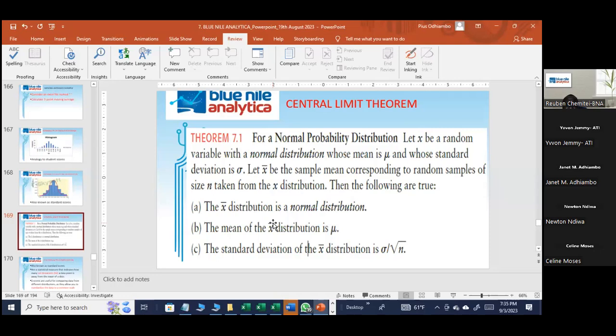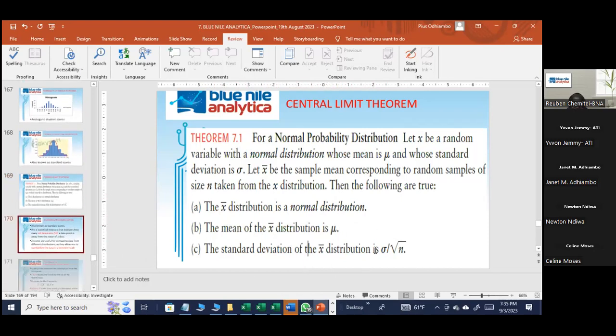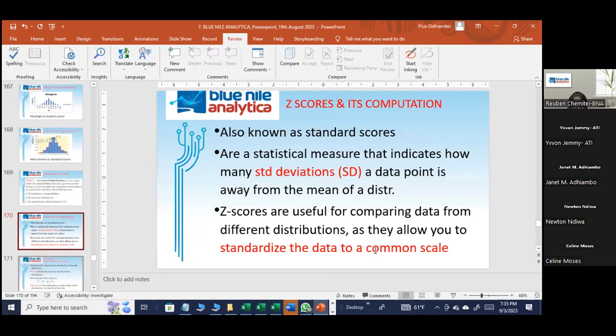And this is a very common theorem when you are dealing with data in statistics, and therefore it comes up with these assumptions that when the distribution of the means is normal, then it means that that particular mean should be equal to the mean of the population. That's basically what it means, and you can be able to see what we have there. Now, this one takes us to what we call set scores.